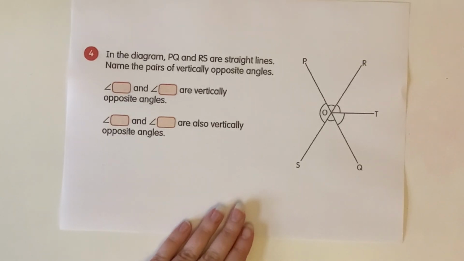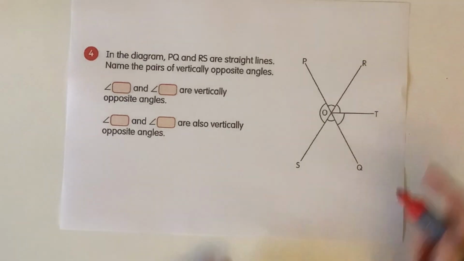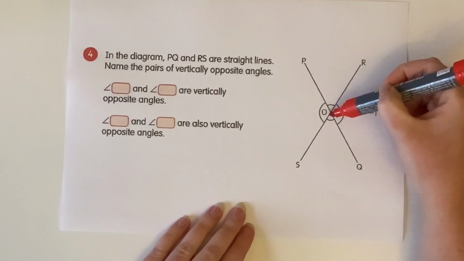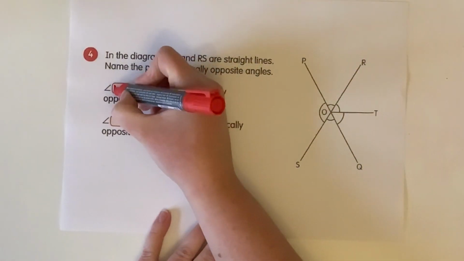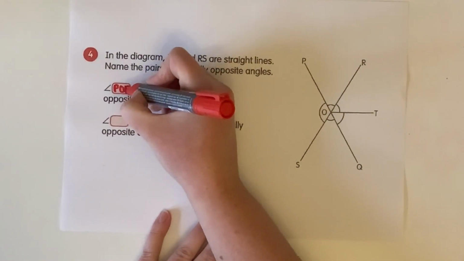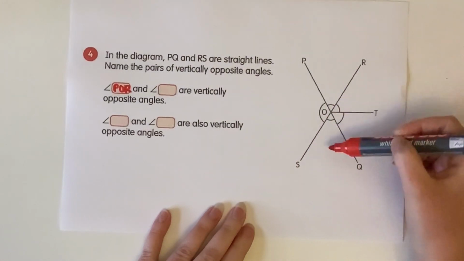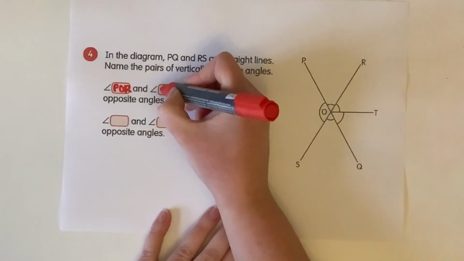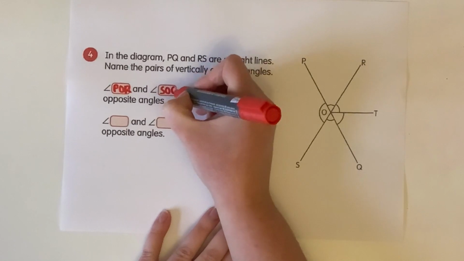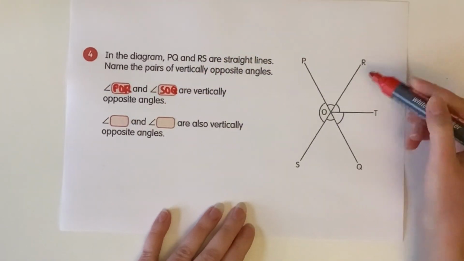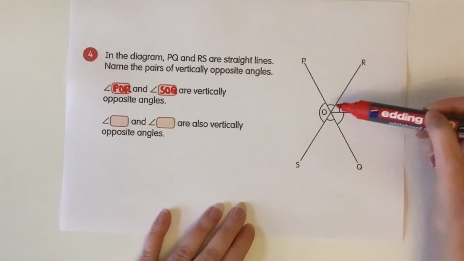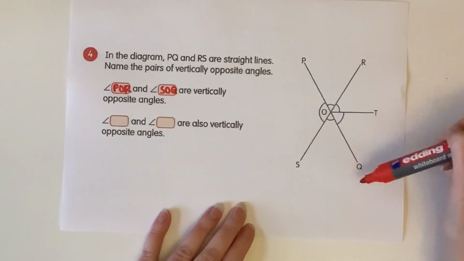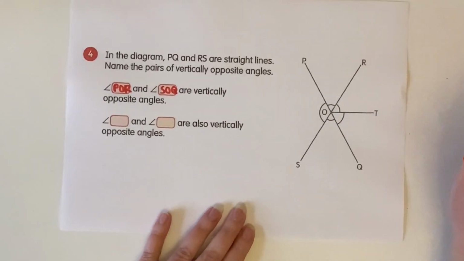So I have the angle POR is vertically opposite this angle here, which is SOQ. Once again, you may have done it in reverse and called it ROP or QOS, doesn't matter.